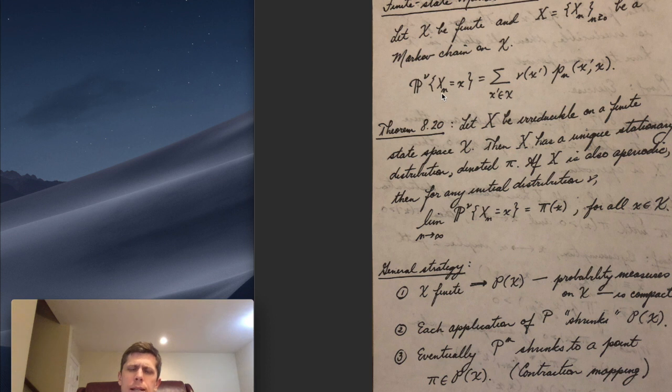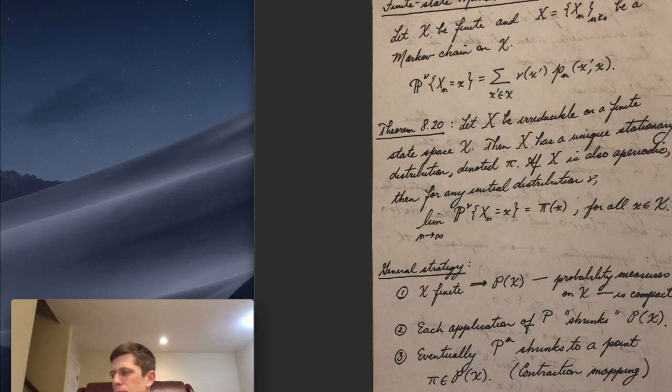And this is under the assumption that the initial distribution is nu. Okay, so what we've done here is we first draw an initial state at time 0 according to the distribution nu, and then we take a step from the n step probability from whatever state we pick to x. And that's the probability. This is the marginal probability of the state at time n.